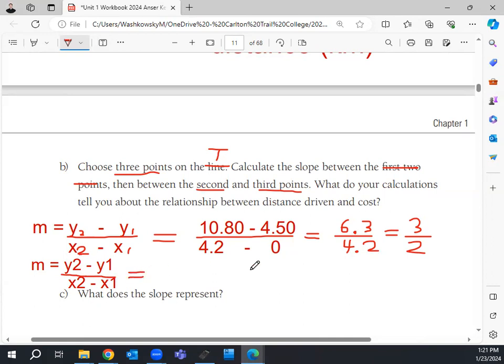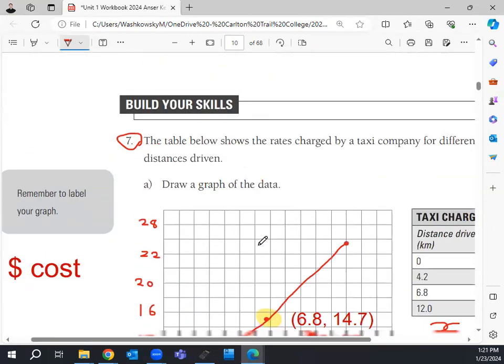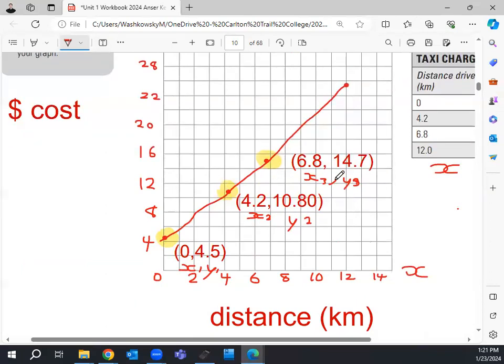Now the only question is, what's my new Y2? What's the second point I'm going to see on here? It's going to be this one here. It's going to be these 2 points right here that I'm drawing the arrows to, because I no longer care about that point. I've established I'm only now using the second and the third point, which means the 6.8, 14.7, that's the second one I'm going to see as I read this graph from left to right.